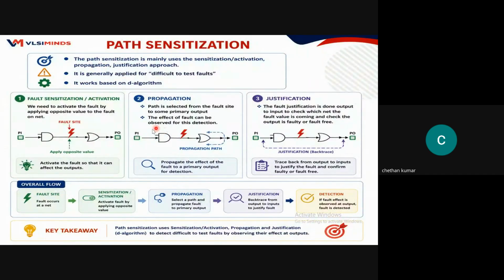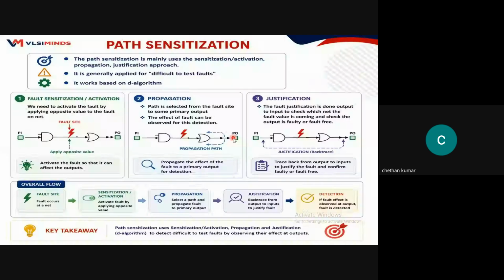Here, there is an AND gate. If I apply 1, the opposite value, then due to this stuck-at-0, you will get 0 as output. That means this fault which was here has propagated to here. Like this, we should make sure that it reaches the primary output.